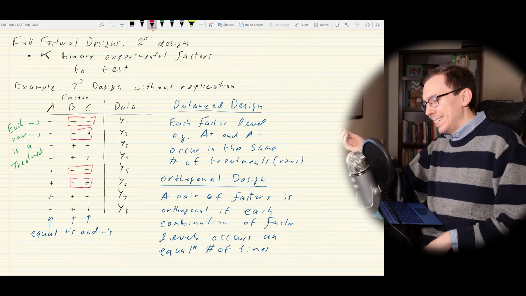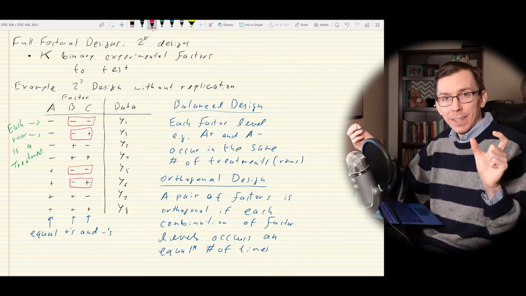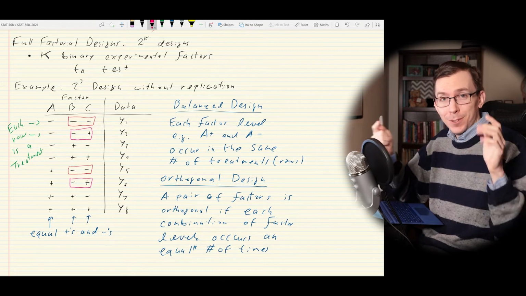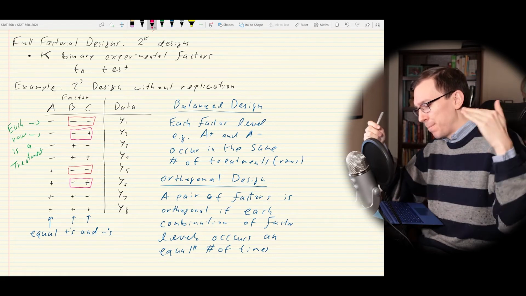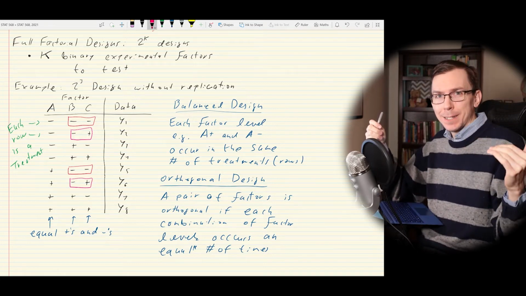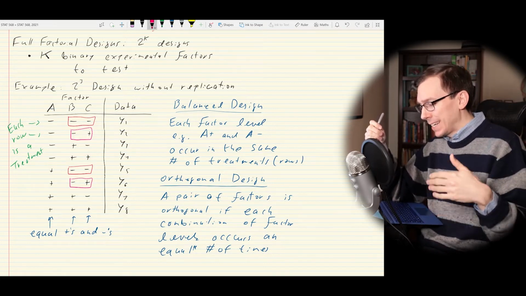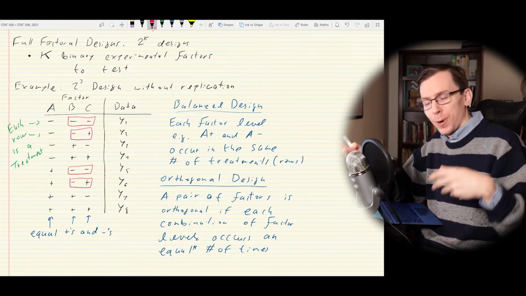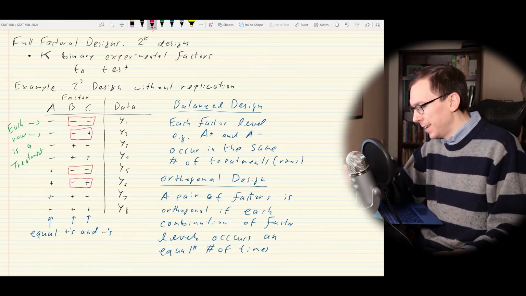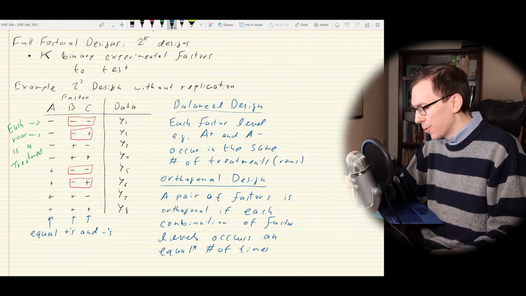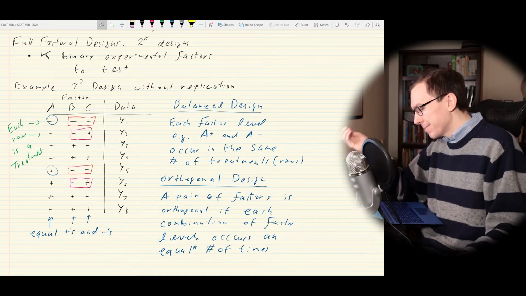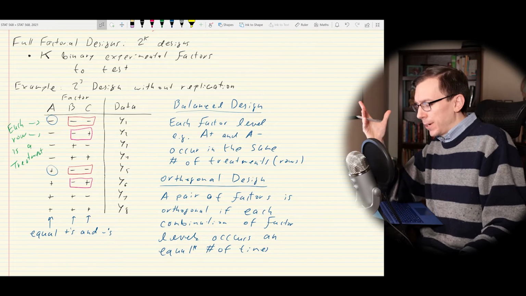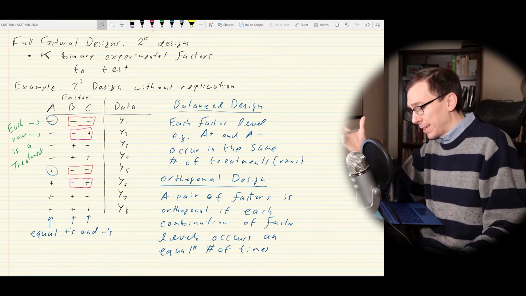So the point is that every combination of factor levels, with two factors, that is, occurs twice in this design. So minus minus occurs twice, minus plus occurs twice, plus minus and plus plus each occur twice. And specifically, they occur with differing values for A. So here we have minus minus with a minus, and here we have minus minus with a plus. So that's really where this idea of orthogonality is coming from.